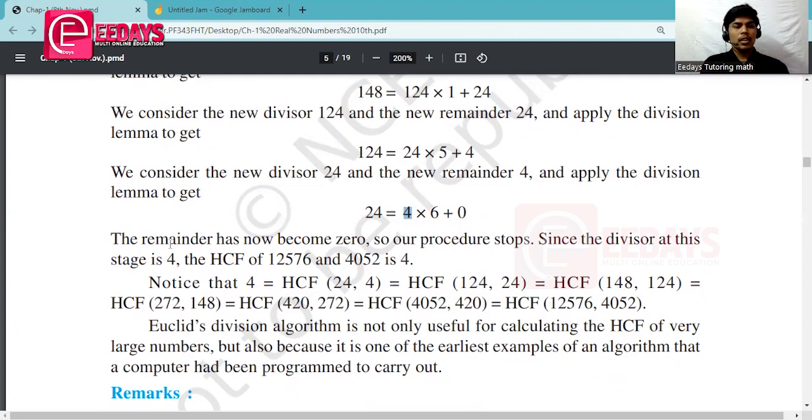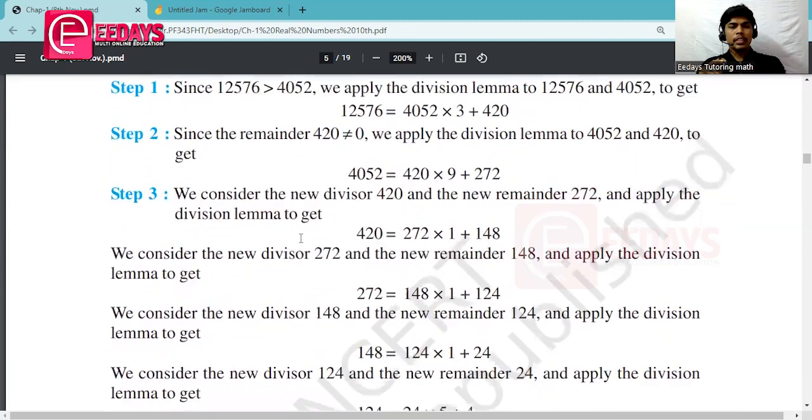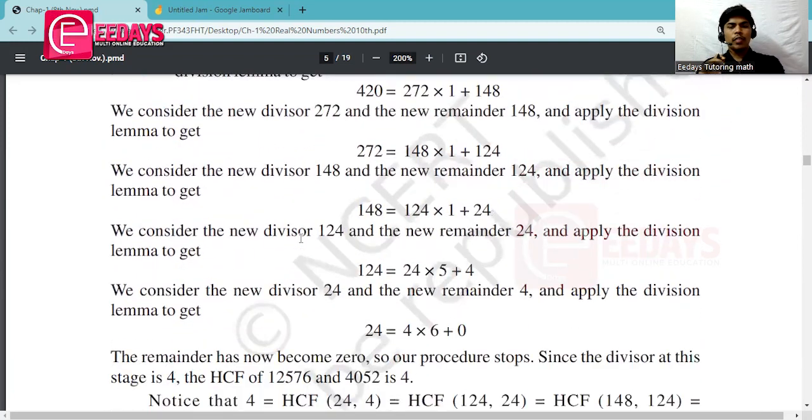That's it. So observe carefully the statement here. The remainder has now become 0, so our procedure stops since the divisor at this stage is 4. After getting remainder 0, you just stop the procedure and write the divisor. So be patient while solving. Observe carefully in this question, how many steps you get: 1, 2, 3, 4, 5, 6, 7.